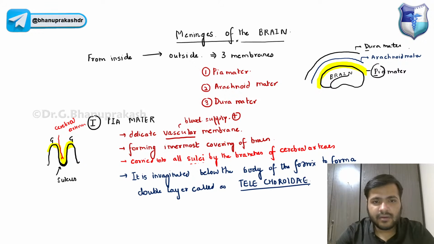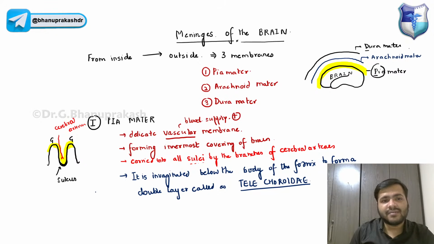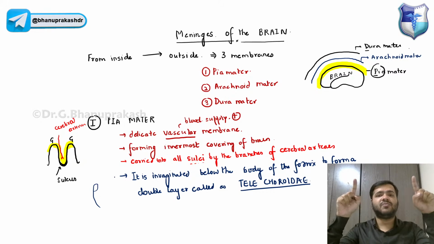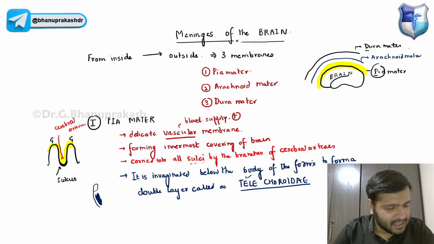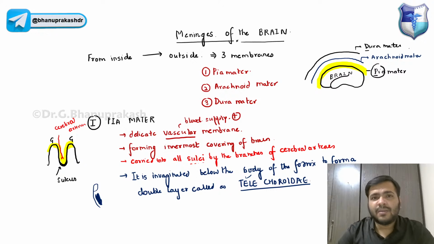Tela choroidea. So you have already discussed the fornix, and below the body of the fornix, which runs from anterior to posterior, there is a double layer membrane. That structure is called the tela choroidea. So that is in short about the pia mater.